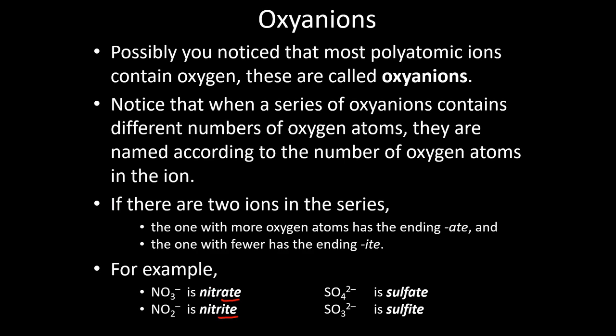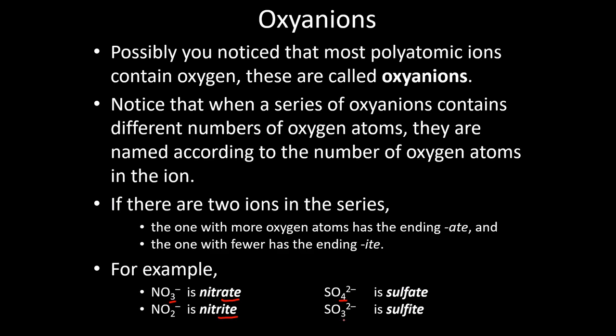So notice here, nitrate, the one that has more oxygens, has 3 oxygens. Sulfate, which is the same situation, has 4 oxygens though. So we had 3 oxygens over here, 4 oxygens over here. We do not care about the total number of oxygens. All we care about is which one has more, which one has less.